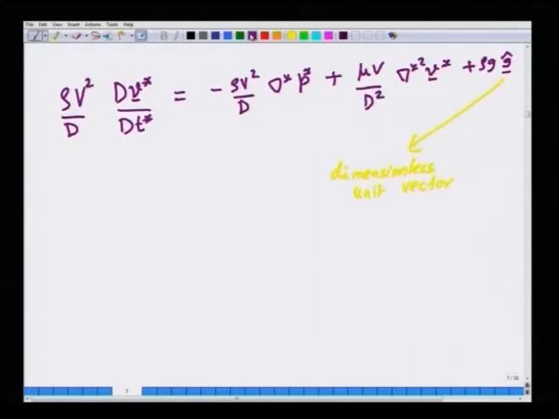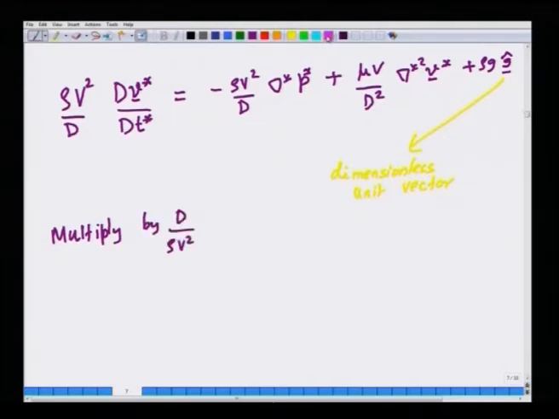So, we are going to now multiply the entire equation by D squared by mu V. Okay. Or we can multiply the entire equation alternatively by D by rho V squared, that will be much simpler for us. Okay.